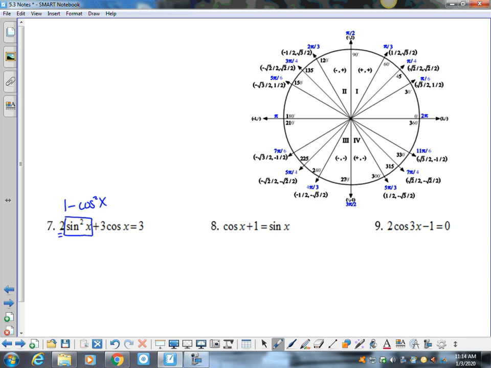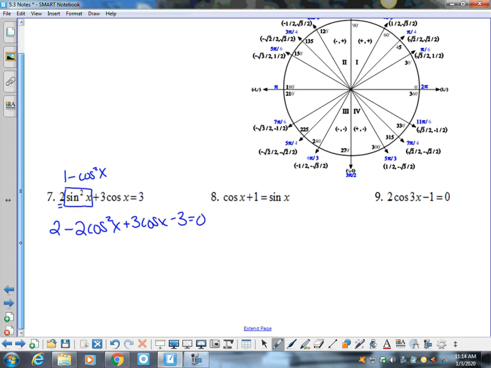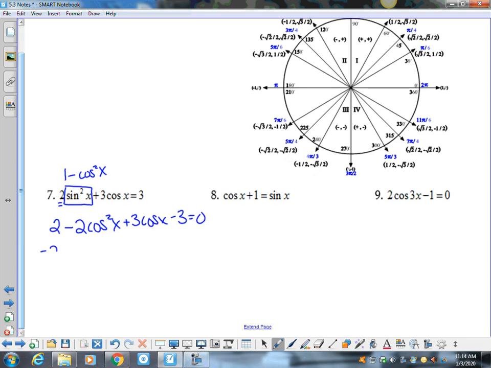Okay, so then I'm going to take that 2 and I'm going to distribute it through. I'm going to go ahead and subtract that 3 over. Then I'm going to kind of readjust and combine some like terms. 2 and the negative 3 gives me a negative 1.